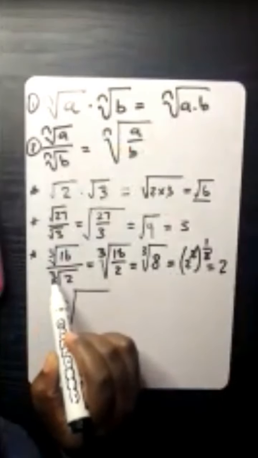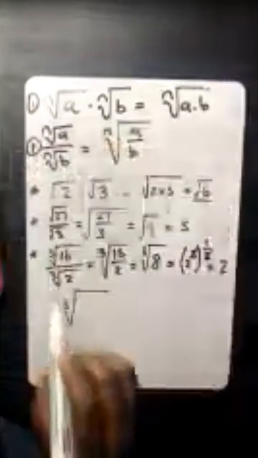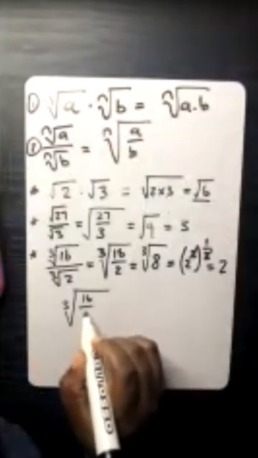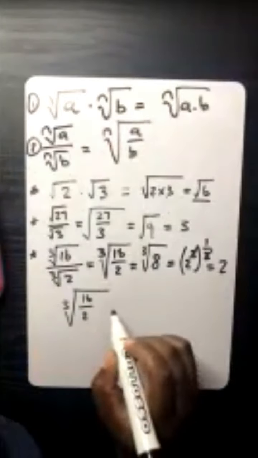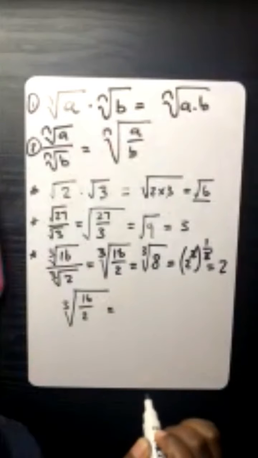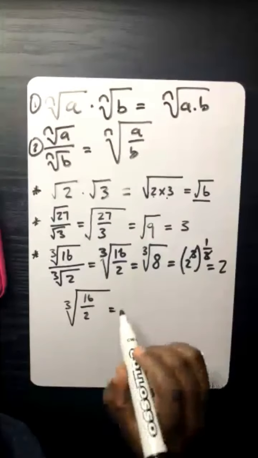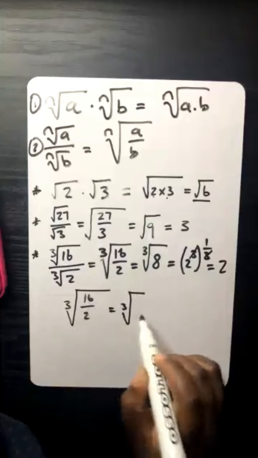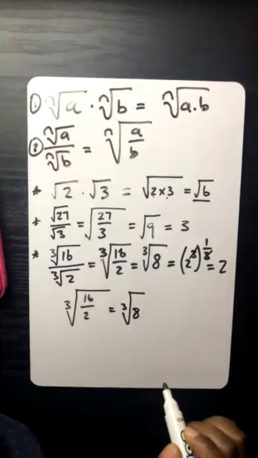If they were not the same, you are not going to apply that rule. But because they are the same, then they are represented by one 3, which is 16 divided by 2. Then you put all of that inside the square root. So you've got 16 divided by 2 is 8.